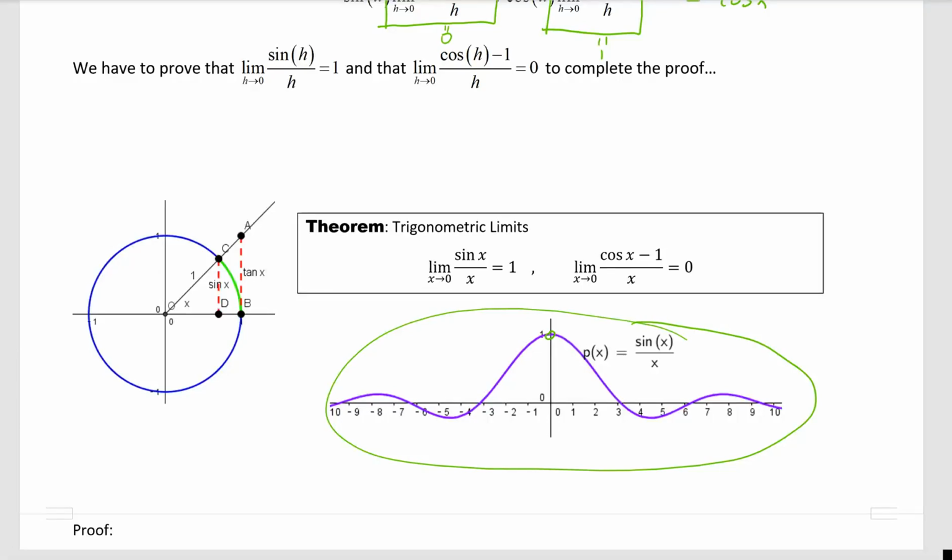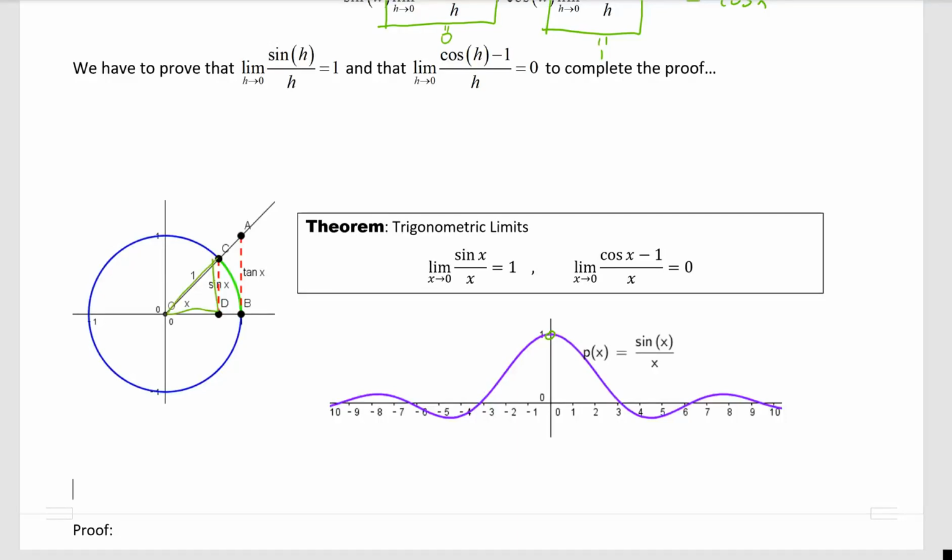Okay? All right. So in order to prove this theorem, we're going to need the unit circle. Remember the unit circle? That is centered at the origin with radius 1. And then we're going to consider two triangles. We consider the triangle OCD.